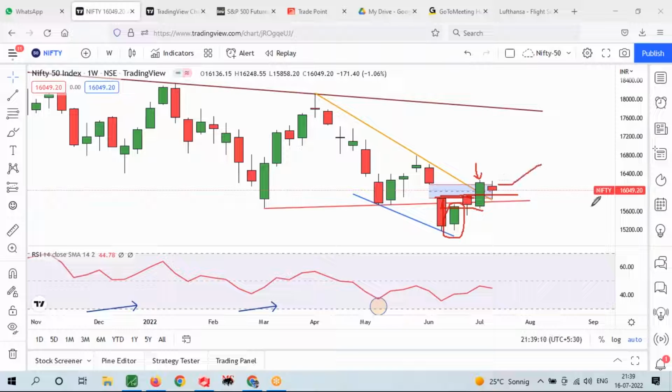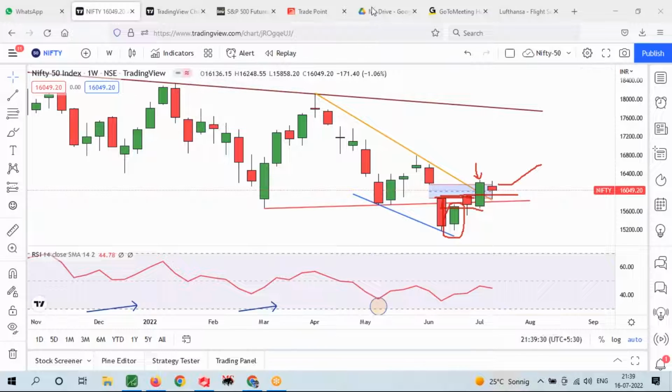And look at the last week candle. This week's candle was inside the last week range. Last week's range was 15660 to 275. You can look at here, so this is an inside bar.